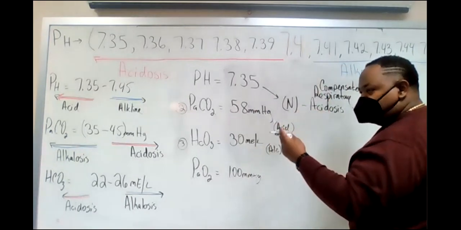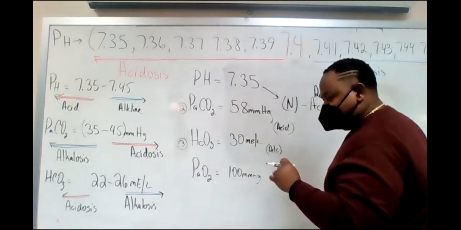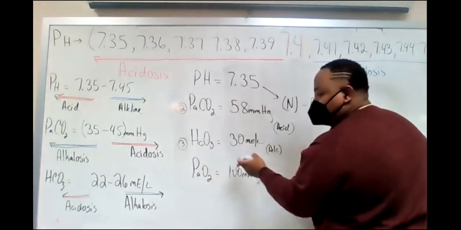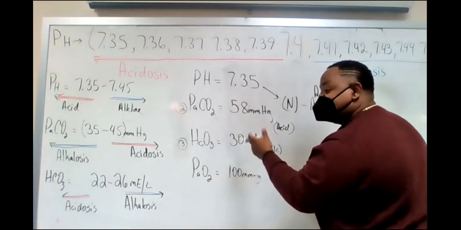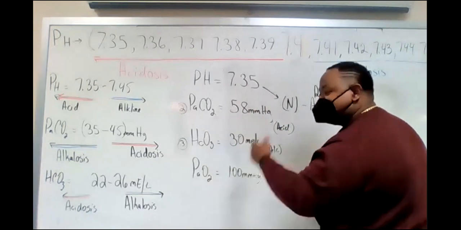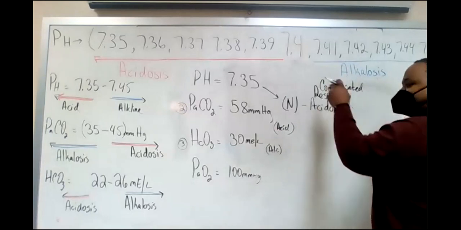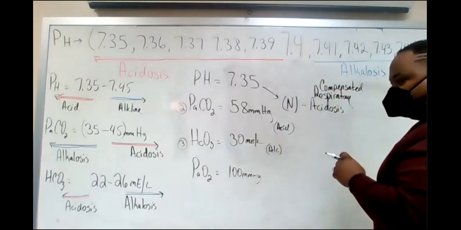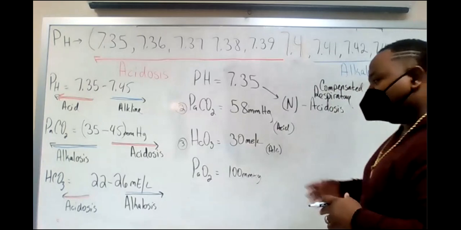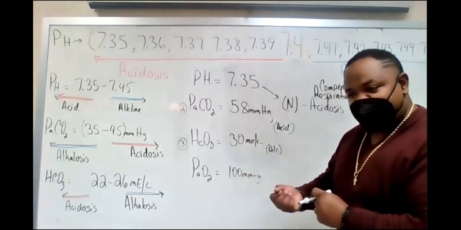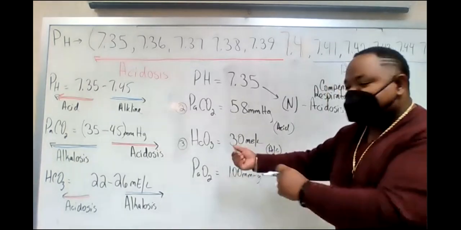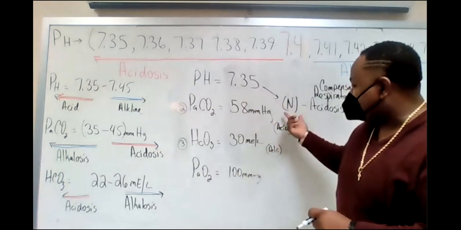Then we looked at the third rule, which says, look at your third player. Is the third player in normal range? You said no. So if it's not in normal range, then there is compensation. So that's a compensated respiratory acidosis. And then we say, okay, was his pull on the other end of the range enough to pull pH back into normal range?